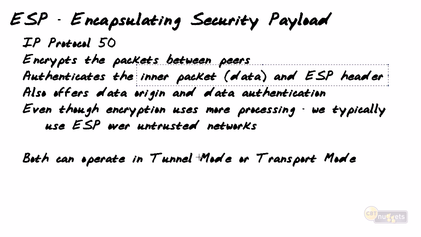And it's because of that behavior with tunnel mode, whether it's AH or ESP, that we have to use some trickery to get around network address translation when NAT is being used along the path. Because remember, the original IP addresses are being encrypted or encapsulated. So we have some mechanisms to take that information and extract it and make it available so we can get through routers that are doing network address translation or port address translation.